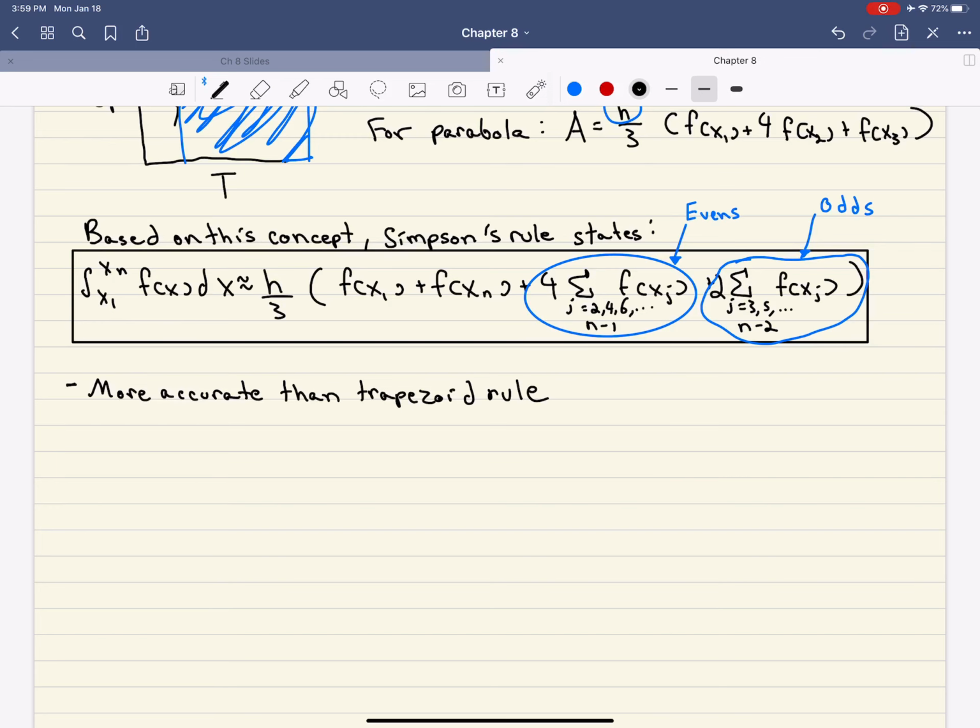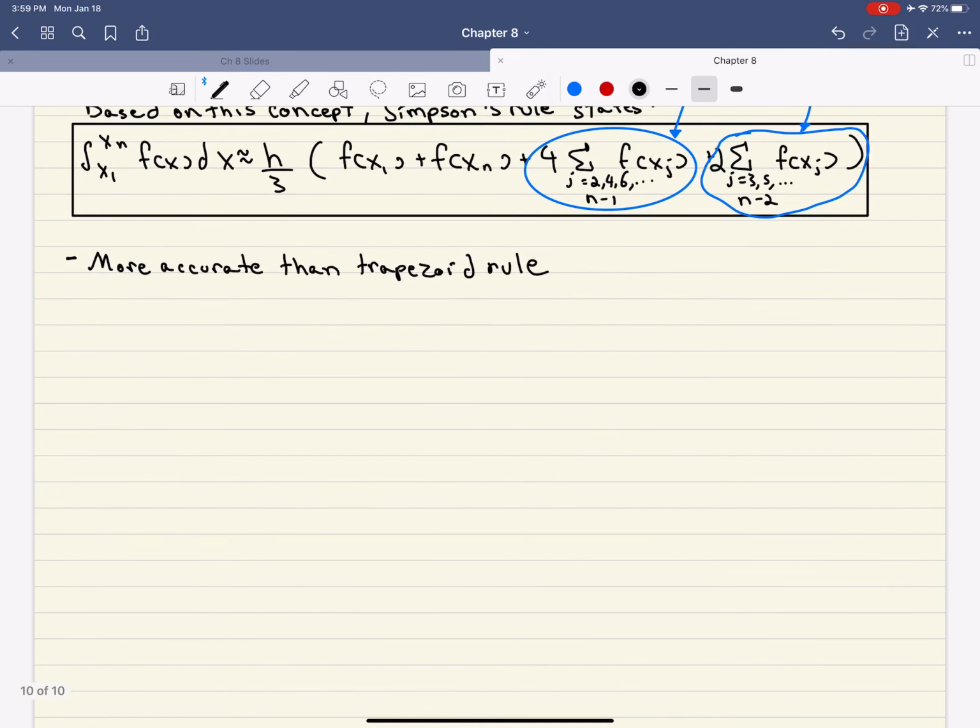However, there are assumptions, or rather requirements, that need to be satisfied in order to use Simpson's Rule. It's only valid when those two main requirements are met. The number of data points that you're trying to integrate over needs to be an odd number of data points.